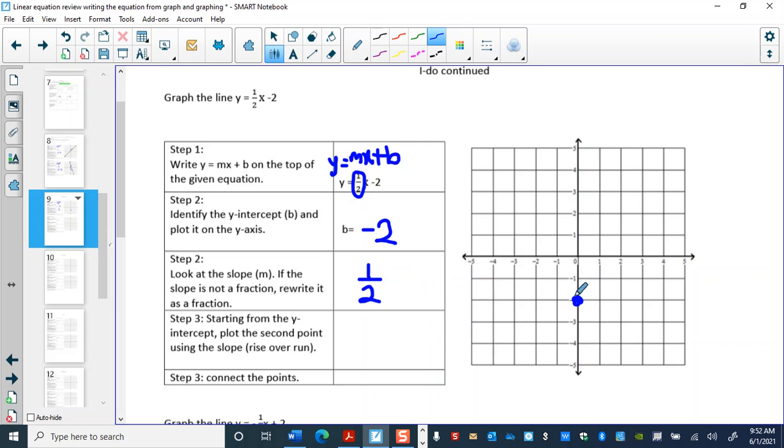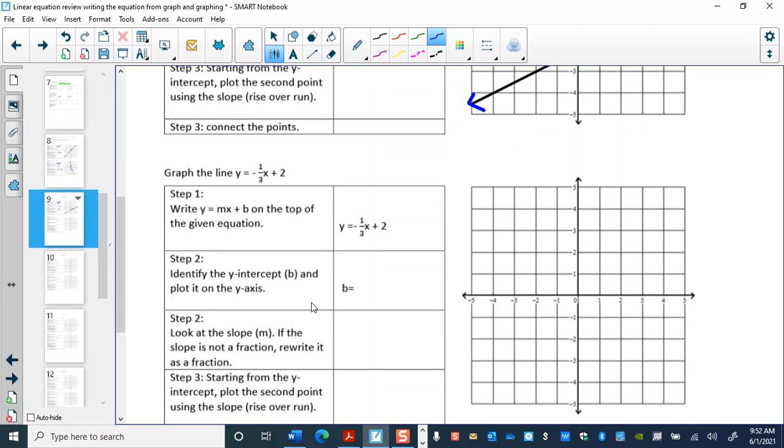So from the point, you go up 1, and then go to the right 2, to another point, and then connect them. Connect these 2 points. Make sure you use your ruler and put an arrow at the end of the line.